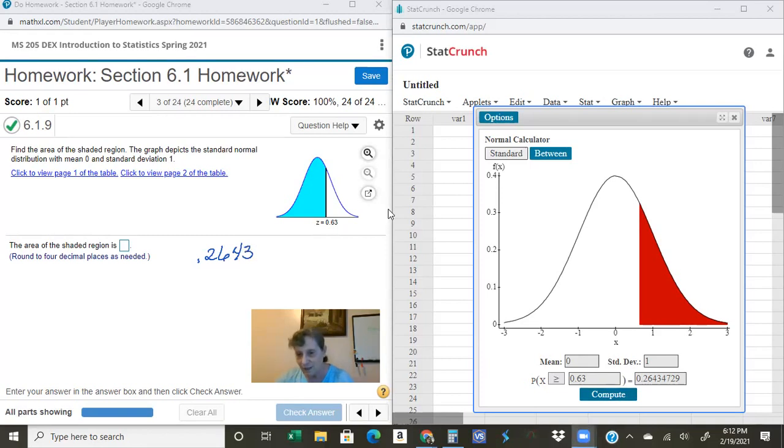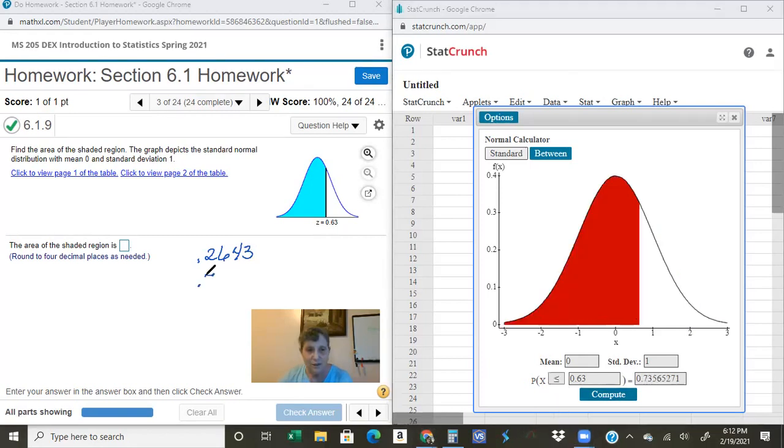Notice that the other one, when I had less than 0.7356, this is rounded off, and so it actually adds up to 0.9999. So that's a rounding error, amounting to 1/10,000th of a decimal.